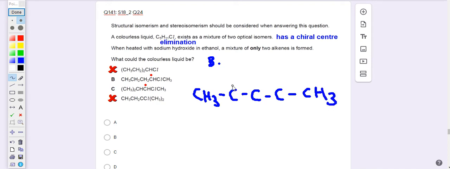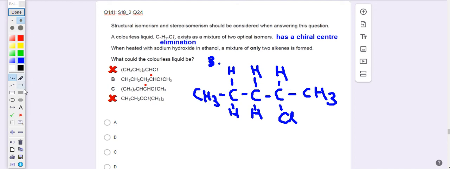Alright, now I start drawing the hydrogen. CH2. Then the next C bonded to H bonded to Cl. Elimination means you will remove a HCl molecule from this halogenoalkane.